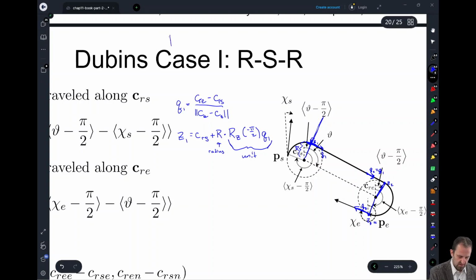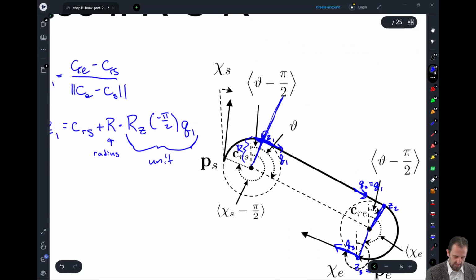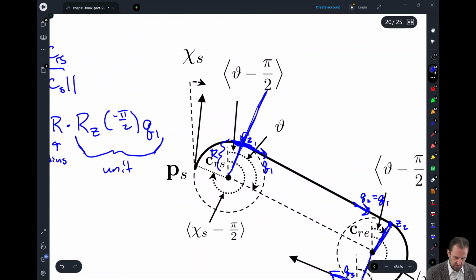If you recall, all the way back in chapter 2, we talked about active versus passive rotations. Our passive rotation we used for rotating coordinate frames. Active is what we're using for rotating a vector itself. So we want Q1. We know that since this is orthogonal, we can use Q1 to define the vector pointing, and let me draw this in red, pointing from the center to that point Z1.